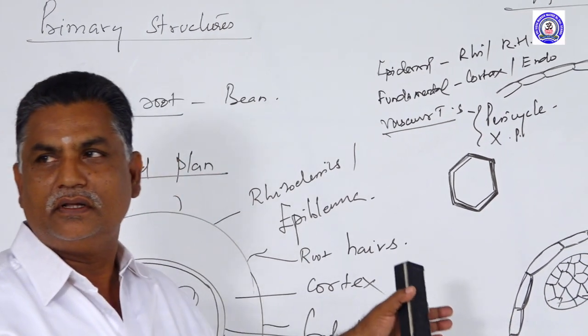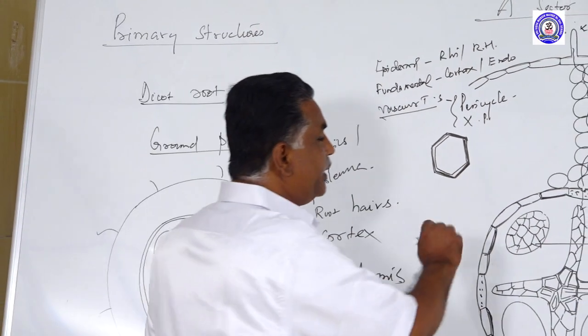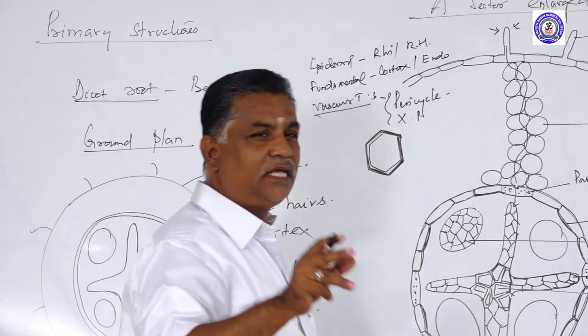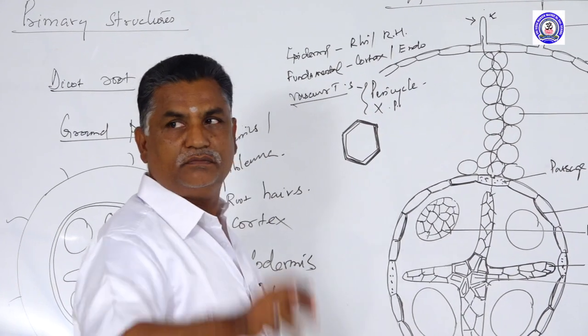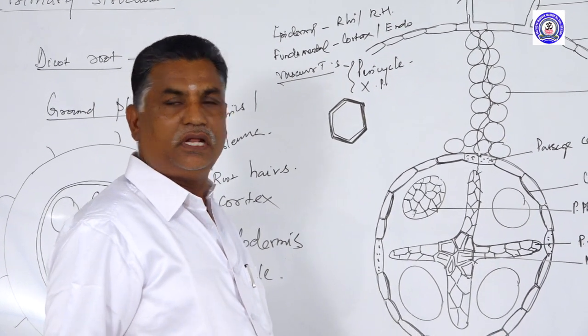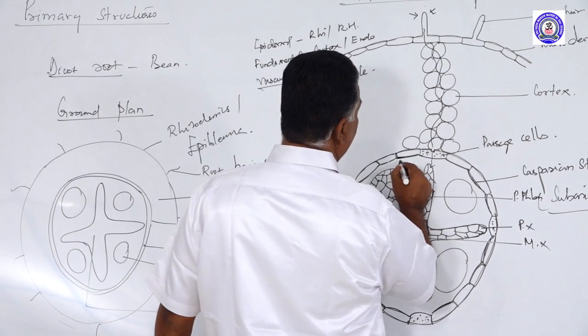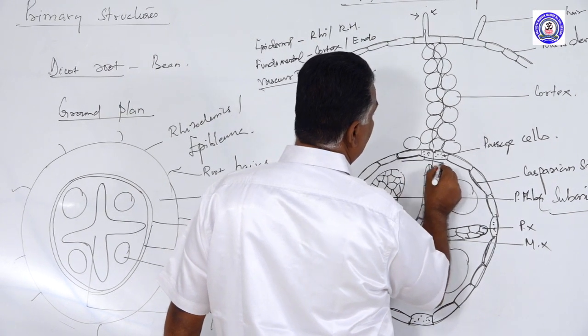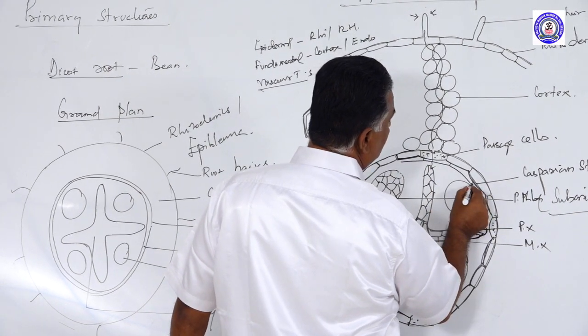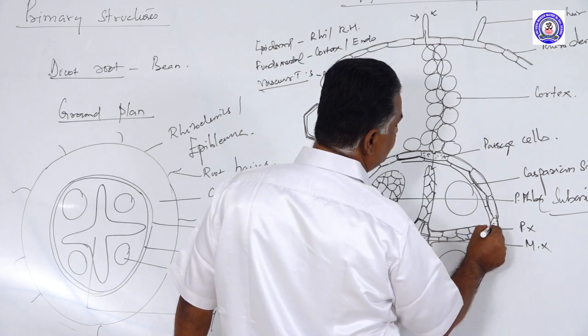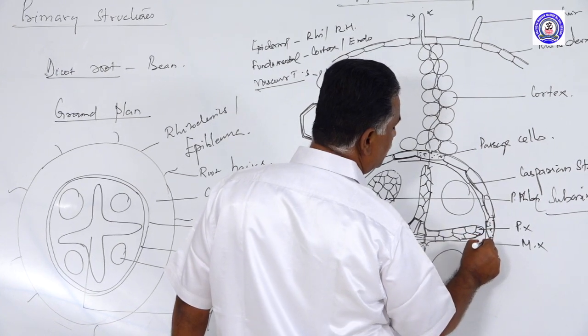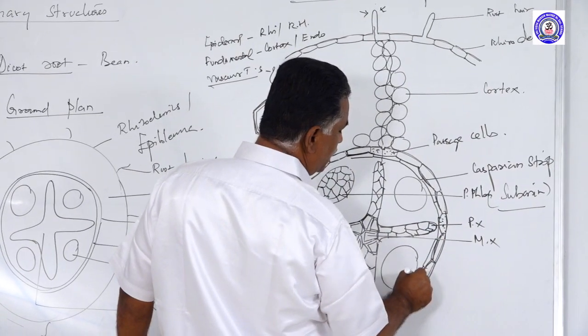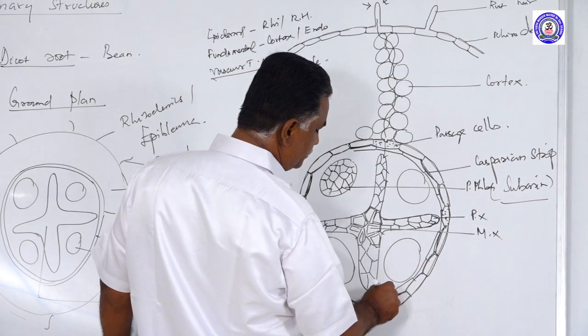I have not drawn the pericycle. See, what is pericycle? The pericycle is the outermost layer of the stele. You see, pericycle is a single layer, made up of a single layer of parenchyma cells.